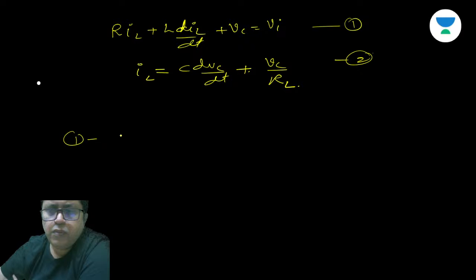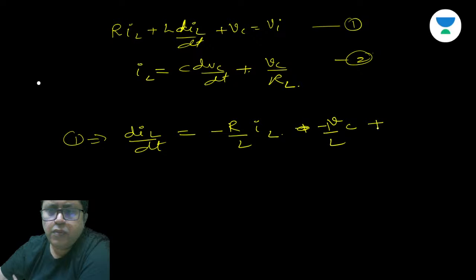So 1 implies dIL by dt is equal to minus R by L IL minus 1 by L VC plus 1 by L Vi.